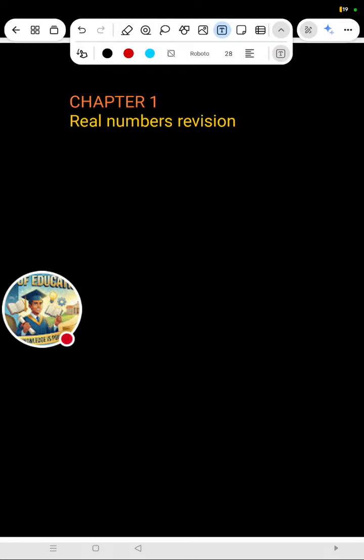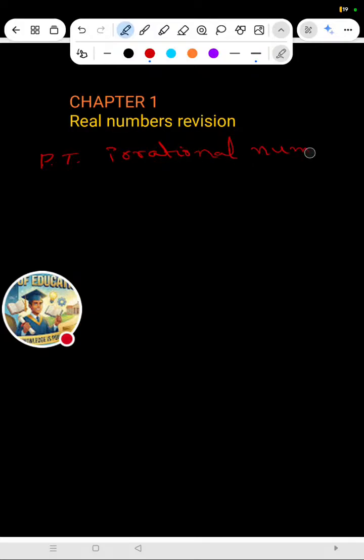Chapter 1 important questions. We have to prove that if any number is given, it is an irrational number. Proving irrational numbers is a very important question.